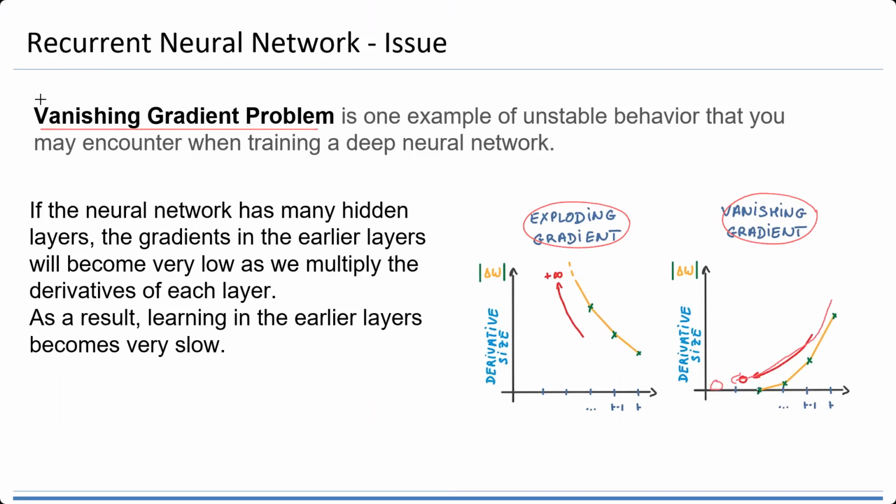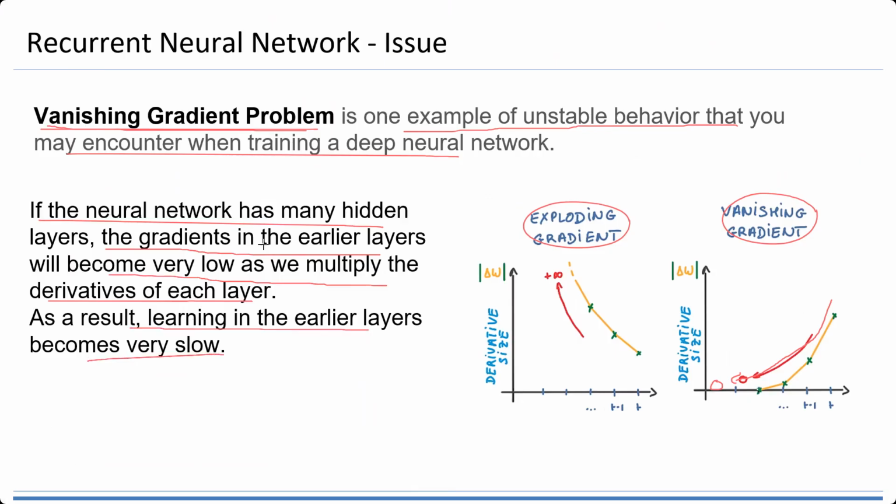The vanishing gradient problem is one example of unstable behavior that you may encounter when training a deep neural network. If the neural network has many hidden layers, then the gradients in the early layers will become very low as we multiply the derivatives of each layer. As a result, learning in the earlier layers becomes very slow.